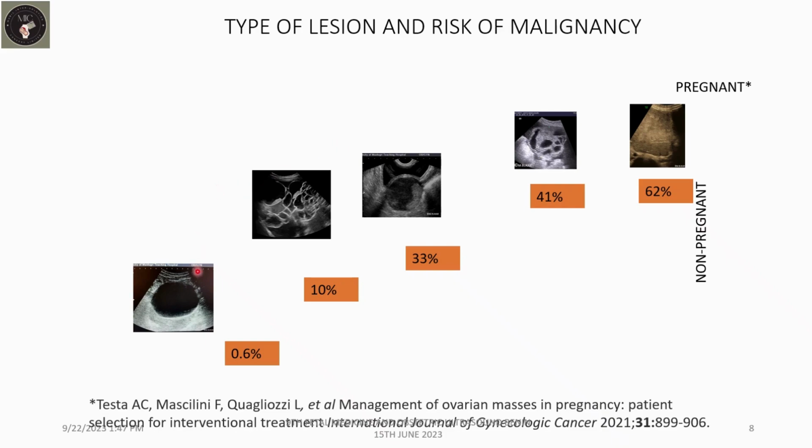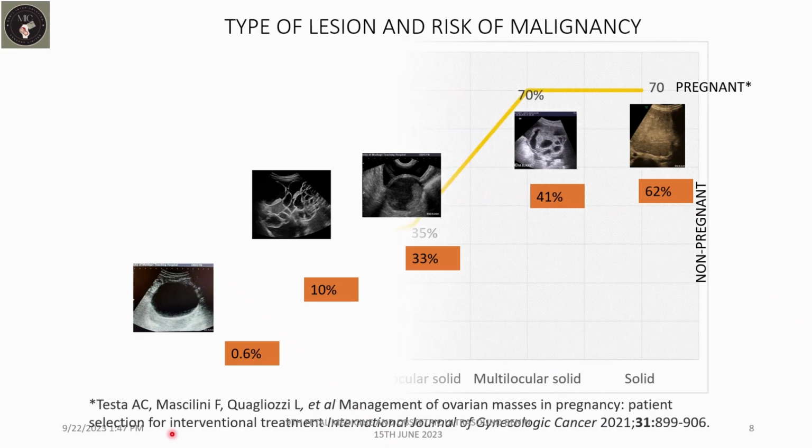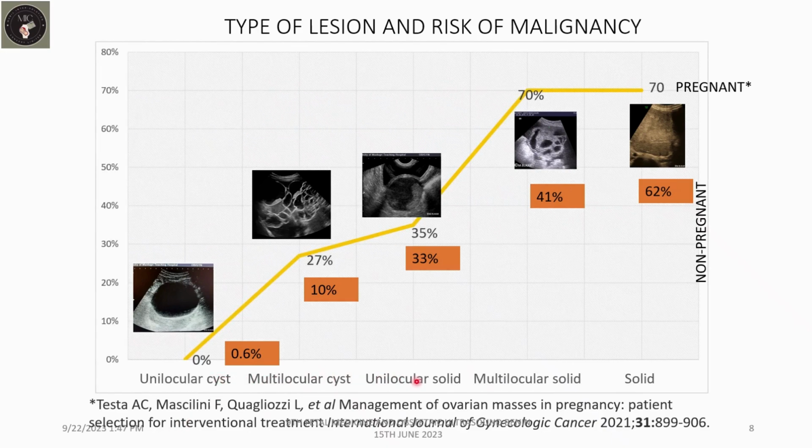Now, why is it important to correctly classify this lesion? This is because if this lesion is incorrectly classified as multilocular solid, the risk of malignancy is up to 41%. But if it's correctly classified as multilocular cyst, the risk of malignancy is 10% outside pregnancy.